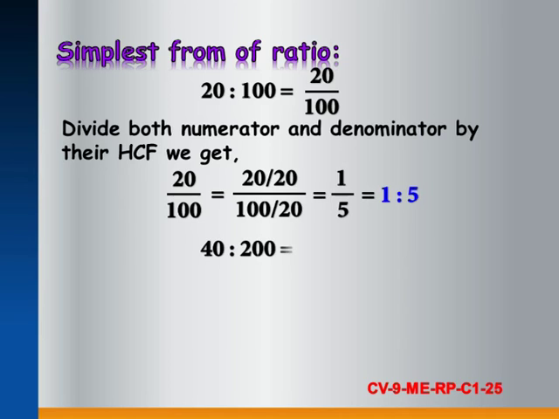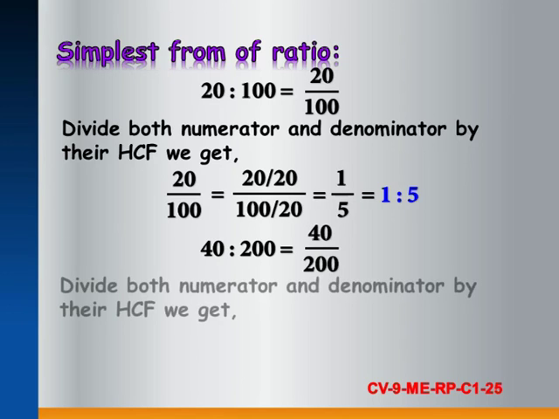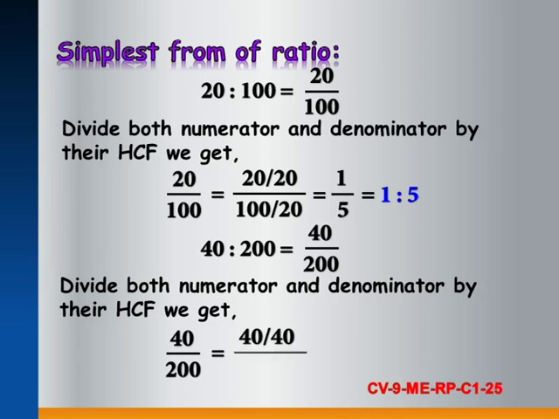Similarly, 40 is to 200 is equal to 40 by 200. Divide both numerator and denominator by their HCF. We get 40 by 200 is equal to 40 by 40 whole by 200 by 40, which is equal to 1 by 5, that is 1 is to 5.